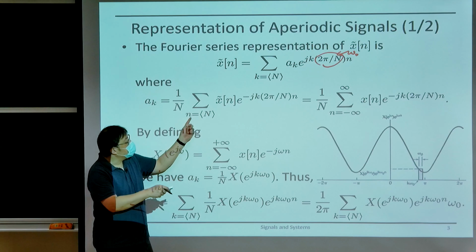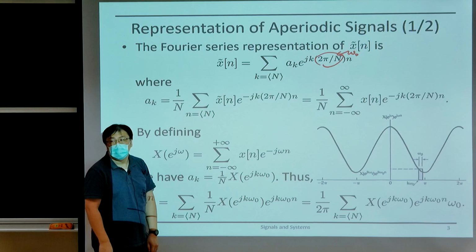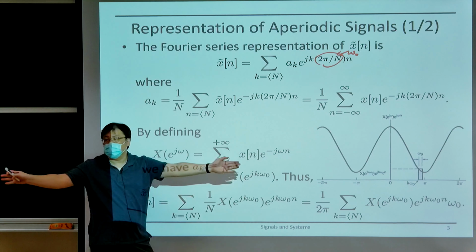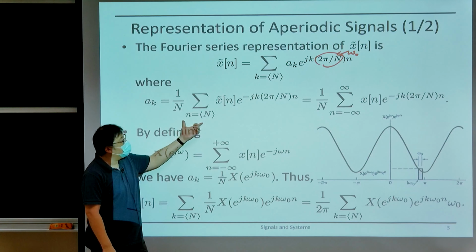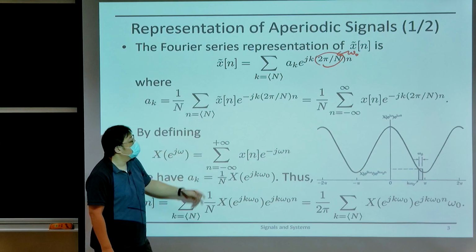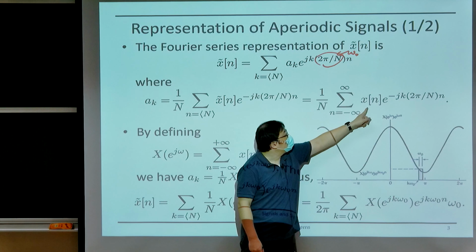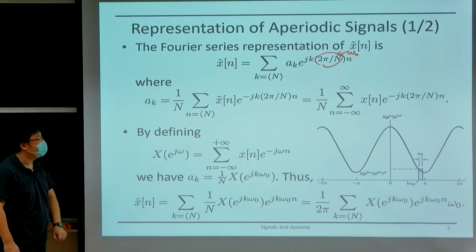And then you can extend the summation to infinity because x of n is 0 beyond one period, okay? So this summation, originally only over capital N consecutive integers, now is extended to infinity by replacing x tilde with x. Okay?